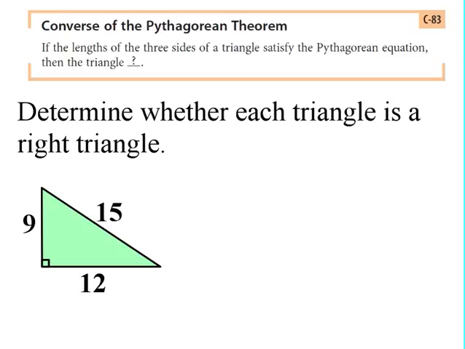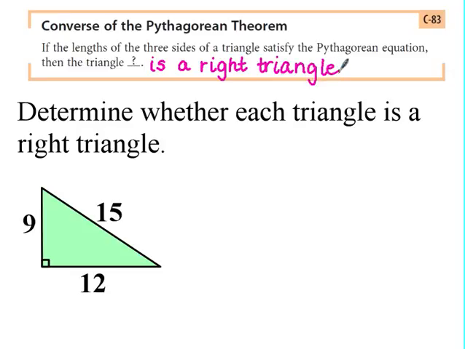If the lengths of the three sides of a triangle satisfy the Pythagorean equation, then the triangle is what? Right, a right triangle. Then the triangle is a right triangle.